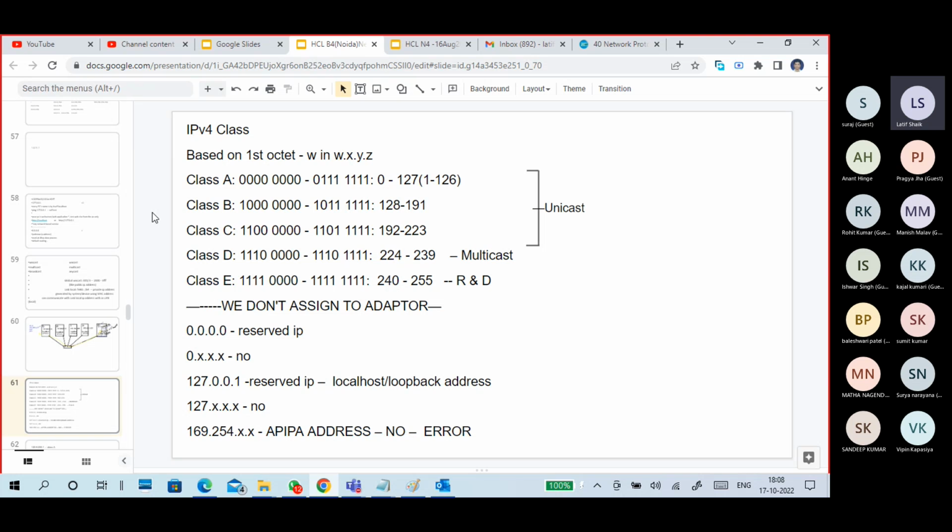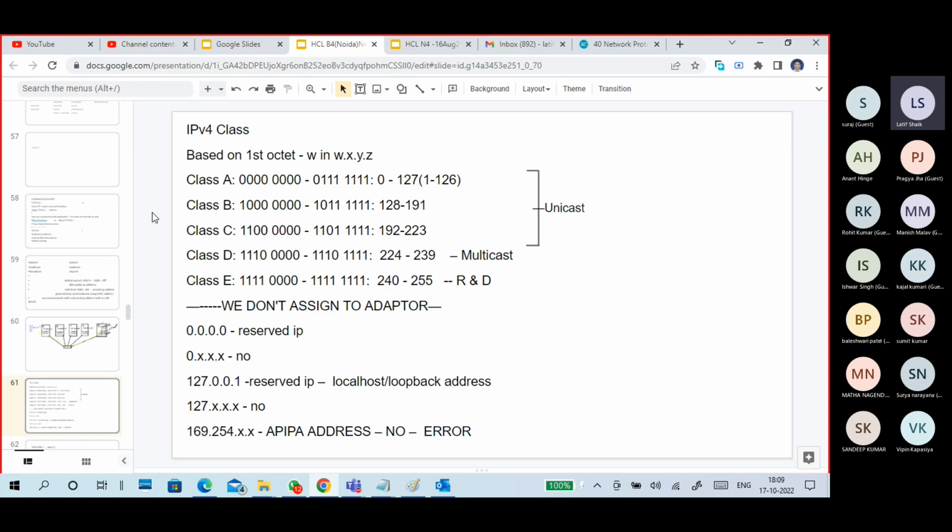Next 0.0.0.0, again that is also a reserved IP and used in certain places, so we don't use it for regular communication. And the adapter does not accept that kind of IP address anyway. Class B 128 to 191, Class C 192 to 223, Class D 224 to 239, Class E 240 to 255.